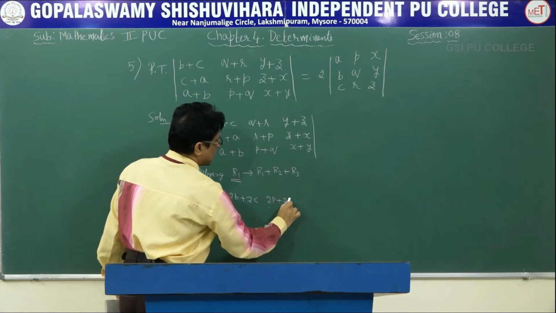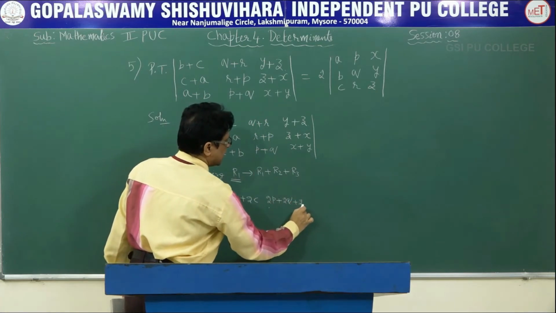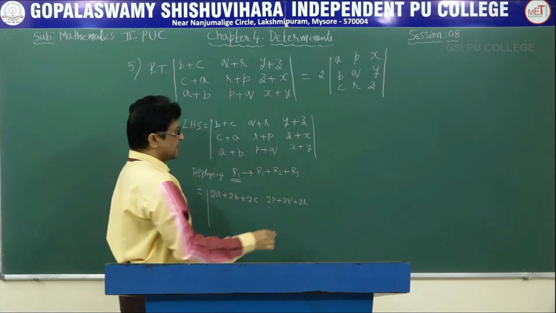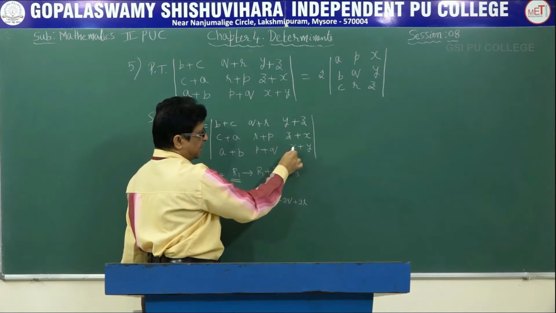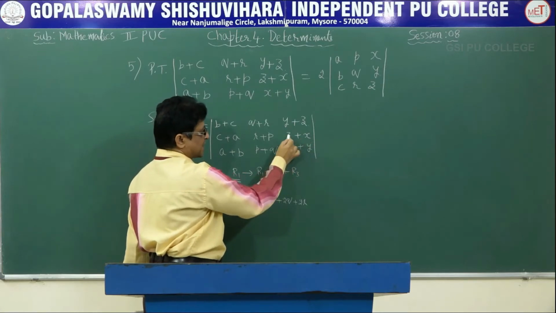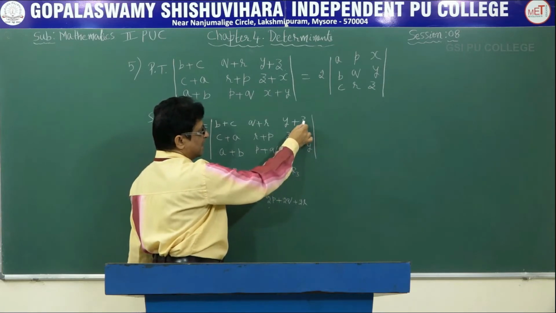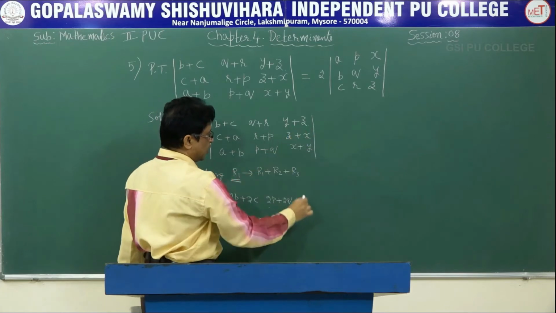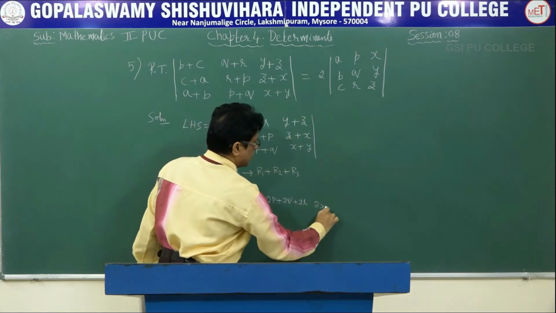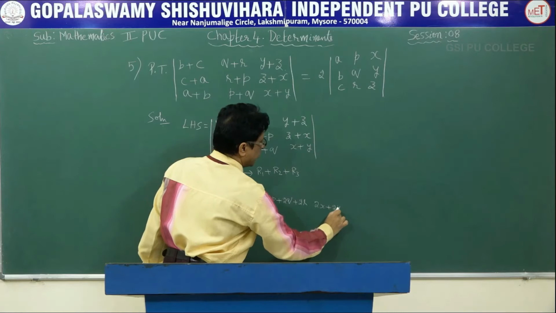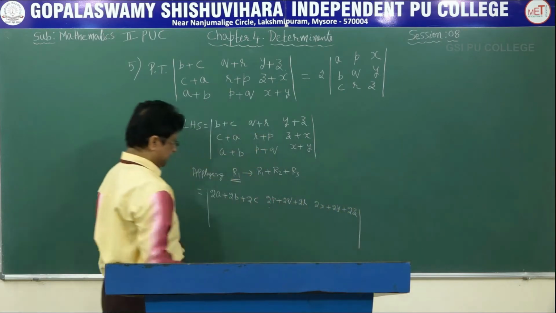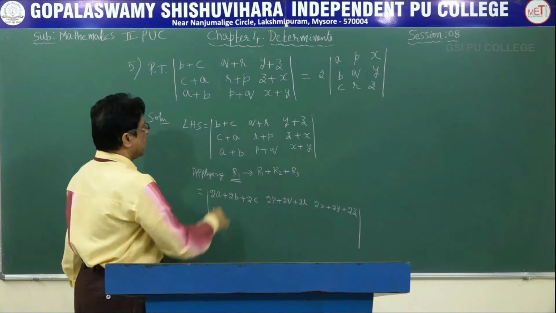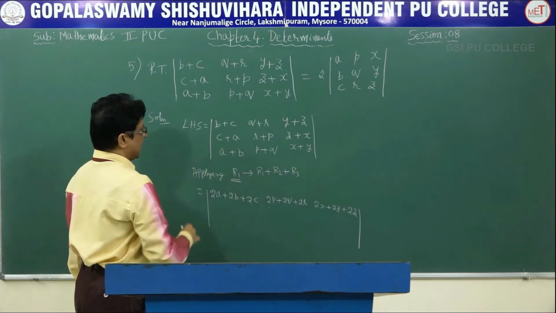Similarly, here y plus y to y, x plus x to x, z plus z to z, that is 2x plus 2y plus 2z. Remaining rows we write as it is.